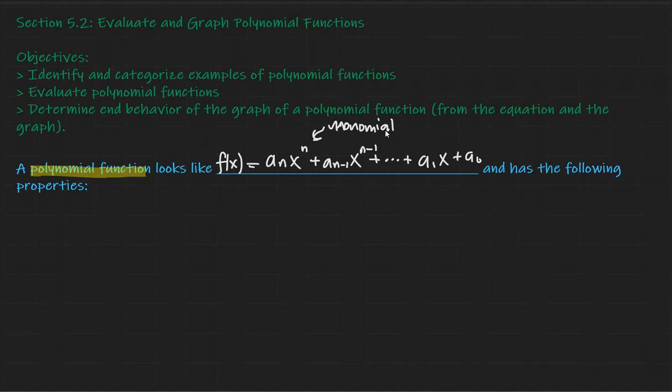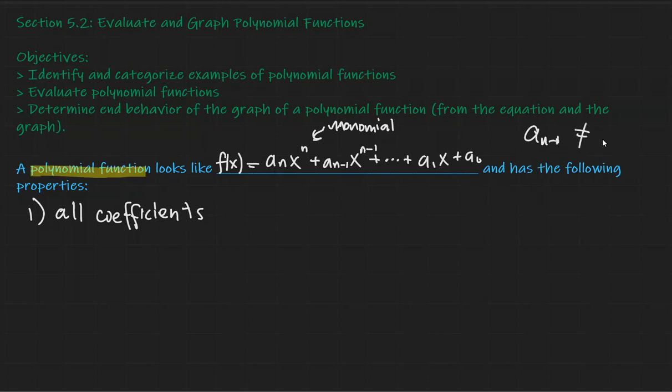So a few characteristics that we want to keep track of. The first one is that all coefficients, and by coefficients I'm talking about these a's, a sub n minus 1, a sub 1, a sub 0. Just to make sure it's hammered in, that is a sub n minus 1 in the subscript.